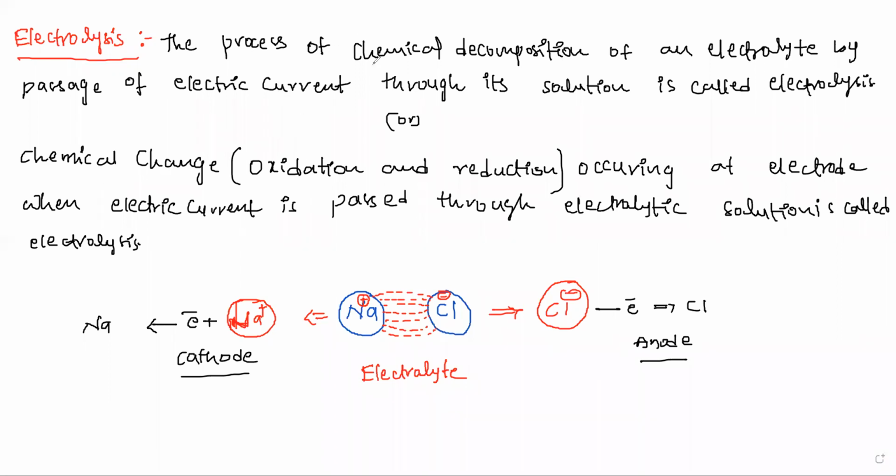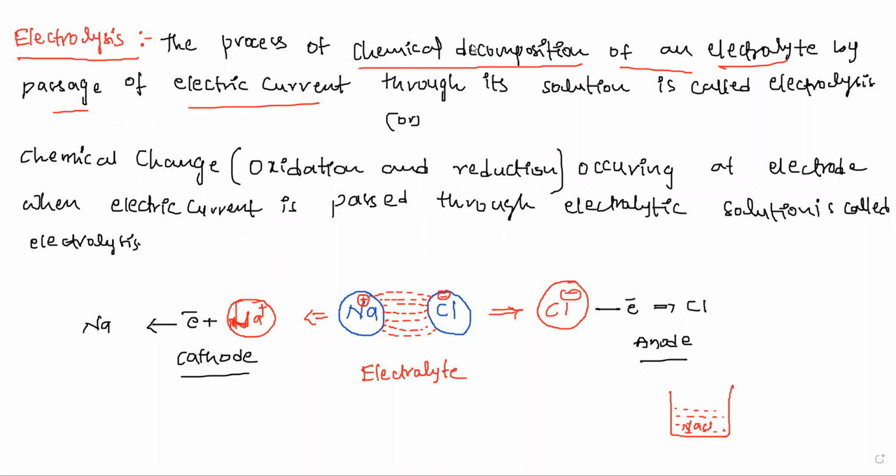Electrolysis is simple: the process of chemical decomposition of electrolyte by passage of electric current through the solution is called electrolysis. So for example, here we are taking NaCl, molten NaCl. Solid NaCl is a bad conductor of electricity.